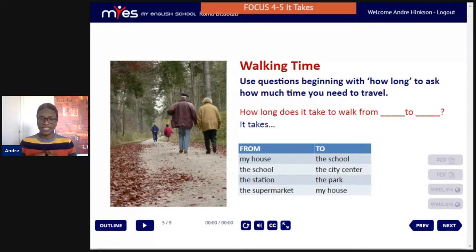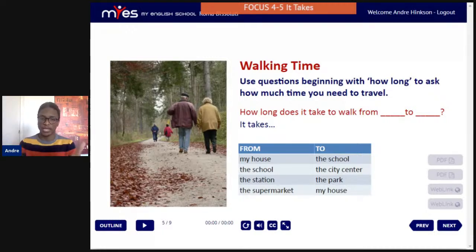For me, it takes roughly about 5 minutes to walk from my house to the supermarket. So it takes about 5 minutes on foot.